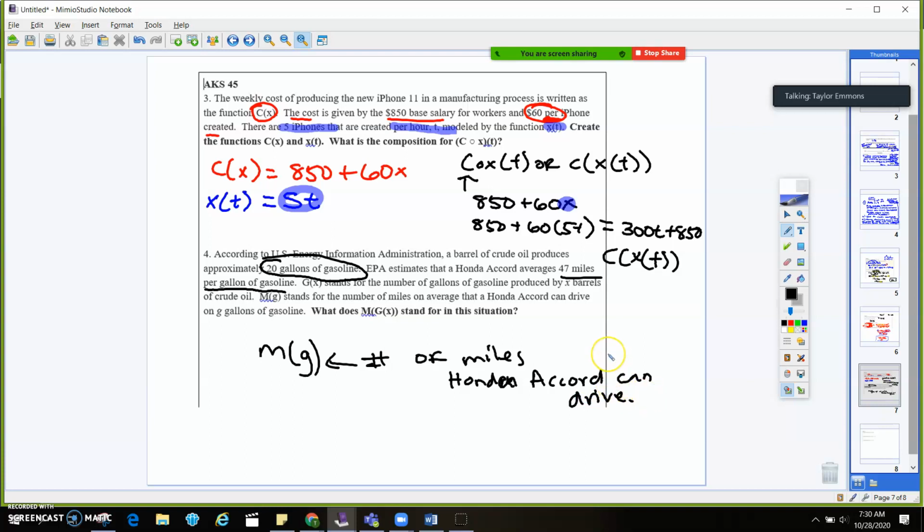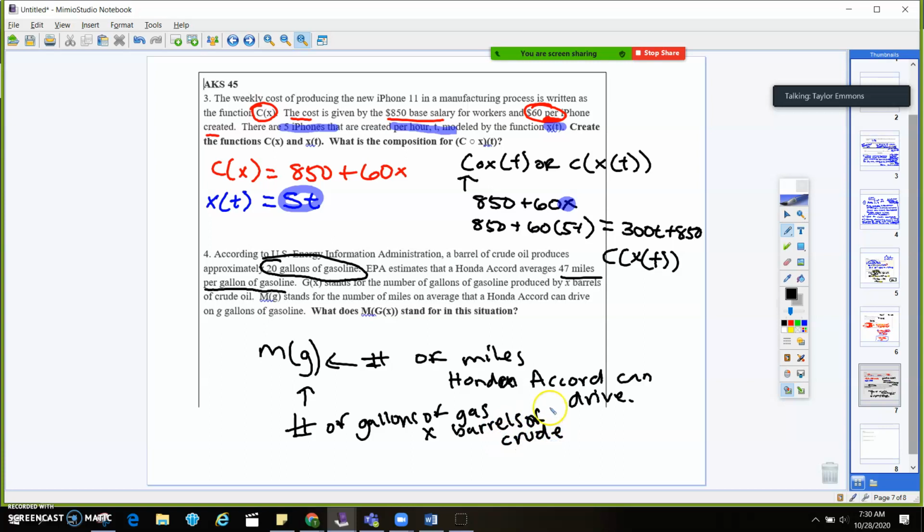Okay. So then we need to plug in G of x. And G is the number of gallons of gas produced by x barrels of crude.